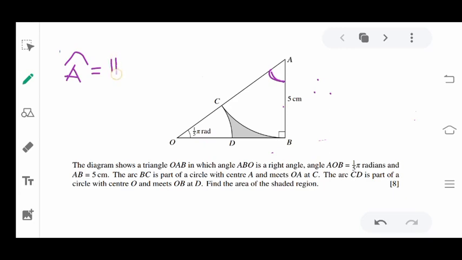So that is pi minus pi by 5 minus pi by 2. What is the angle? Yes, 3 pi by 10. So the angle is 3 pi by 10.